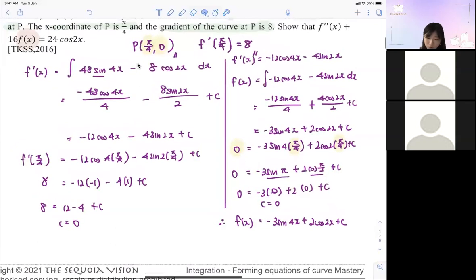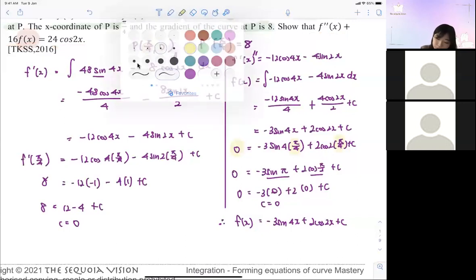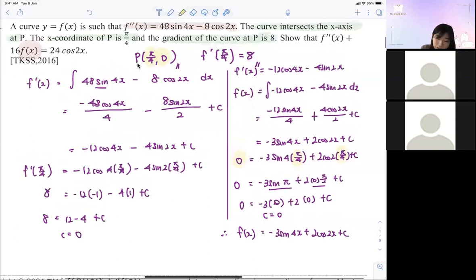All right, once you're done, you put them together first. So copy this and see whether you can get 24 cosine 2x. So your f double prime x is there, your f(x) is here. No more c already.